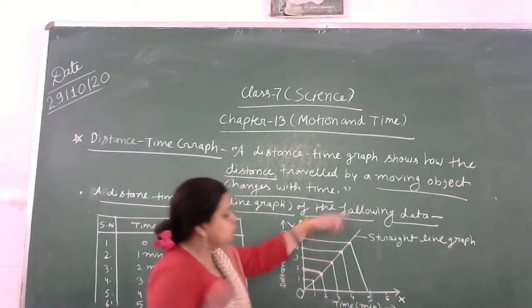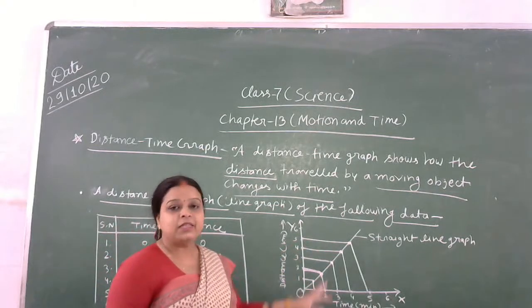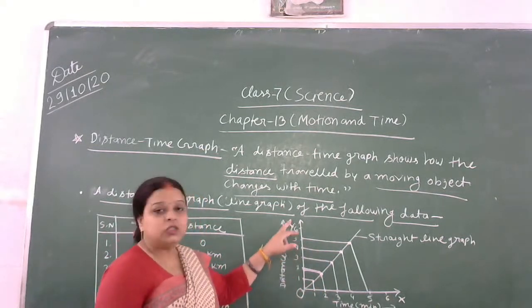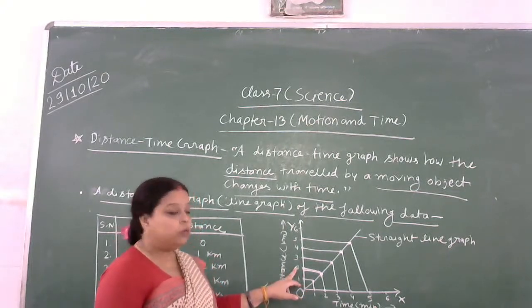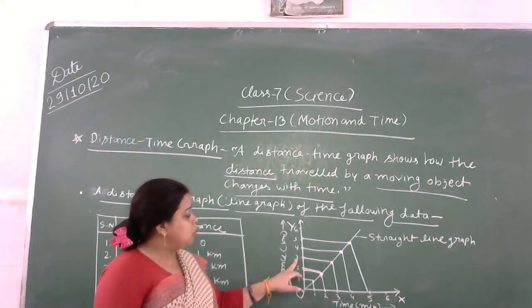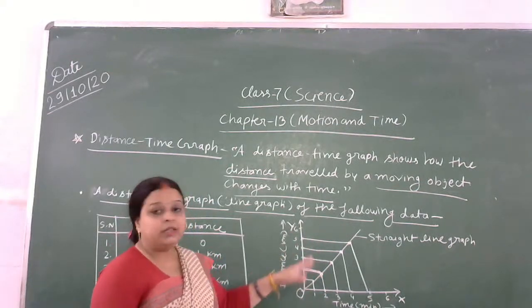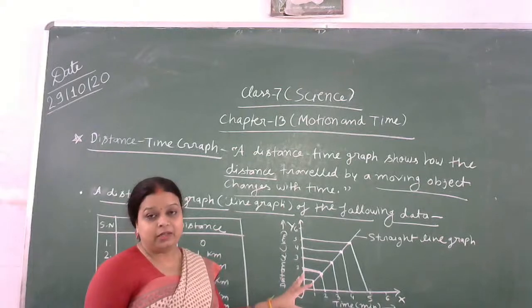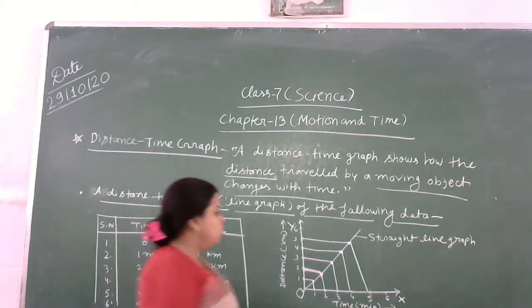So this graph is known as a straight line graph, and this motion is known as uniform motion because in this case the speed is not changing. In 1 minute 1 kilometer, 2 minutes 2 kilometers, 3 minutes 3 kilometers. So here we can see that the speed is constant. This is an example of uniform motion.